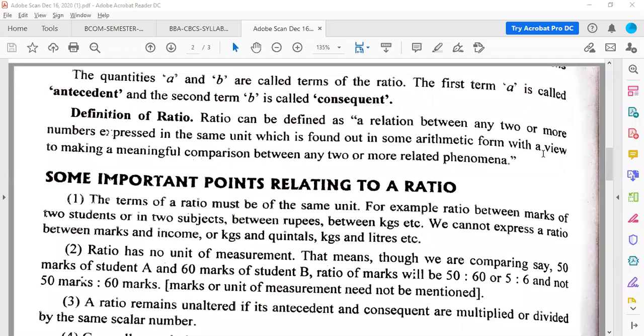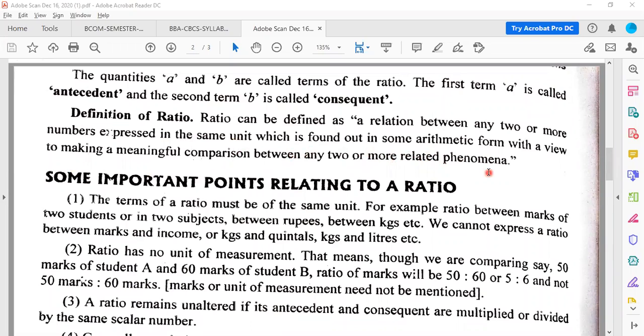So we are applying mathematics or statistics here, with a view to making a meaningful comparison between two or more related phenomena.